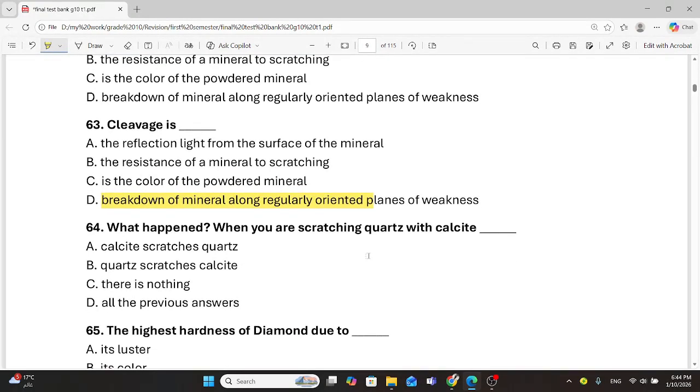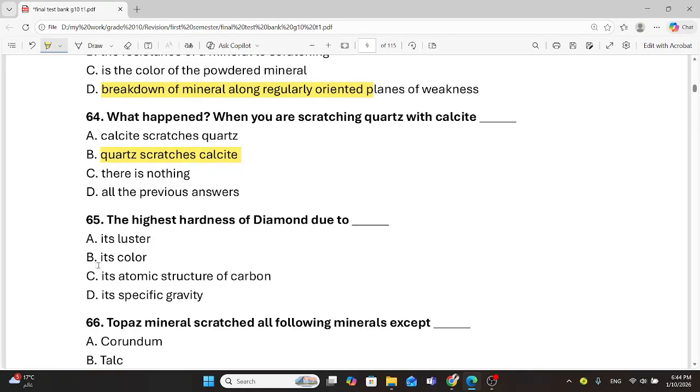What happens when you scratch quartz with calcite؟ الكوارتز قد ايه؟ 7. طب الكالسايت 3. طيب يبقى ايه اللي هيحصل؟ الكوارتز هيعمل سكراتش للكالسايت تبقى B.